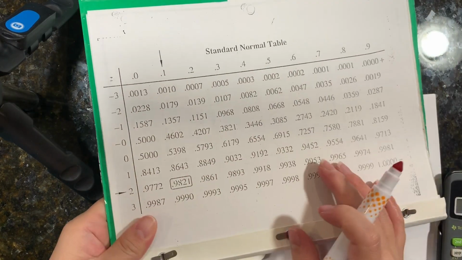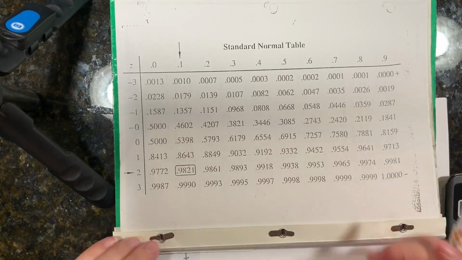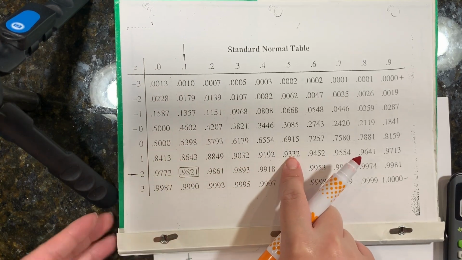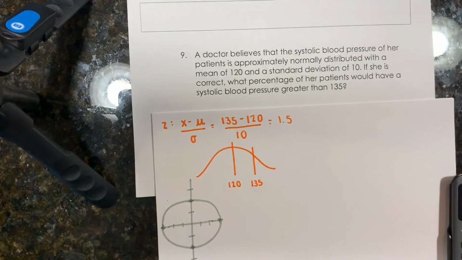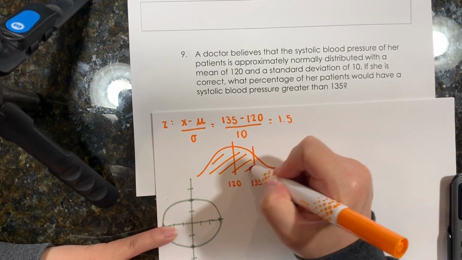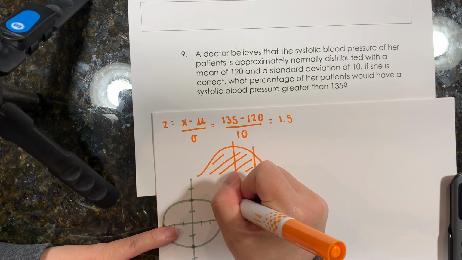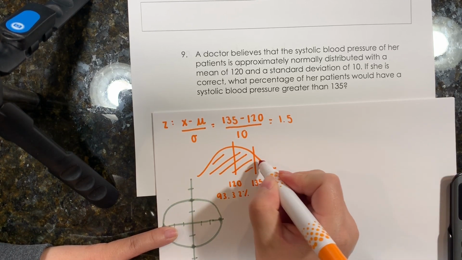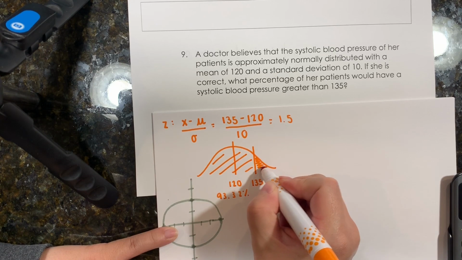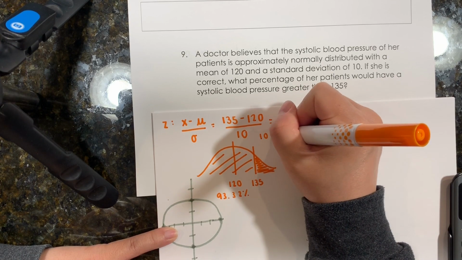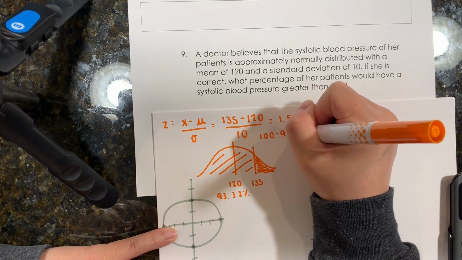So on my chart, this will give me the percentage that falls below. I'm going to go down to positive 1 over to 0.5, which gives me 93.32. But that's the percentage that's going to fall below. So that means that percentage would be 93.32%. But I want to know the percentage above, which means all I need to do is subtract that percentage from 100.